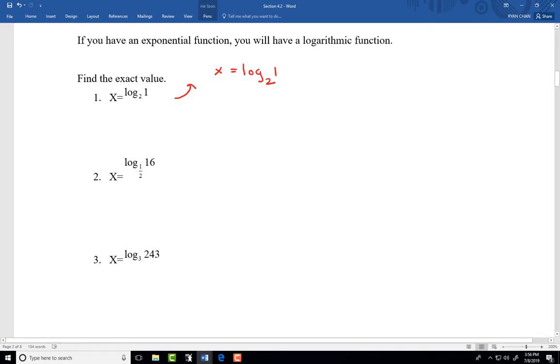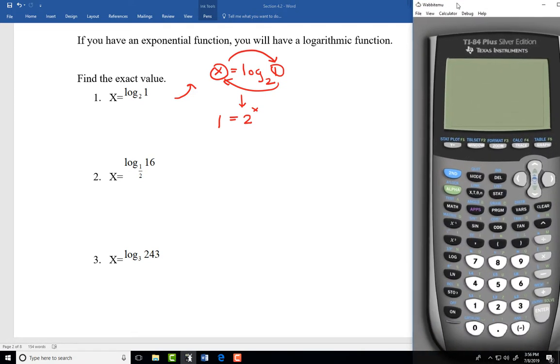So remember our rule: this number stays the same, but the item by itself will swap with my exponent. And this becomes 2 to the x is equal to 1. My 1 swaps out by itself, and then the x, which is by itself, swaps in as an exponent.